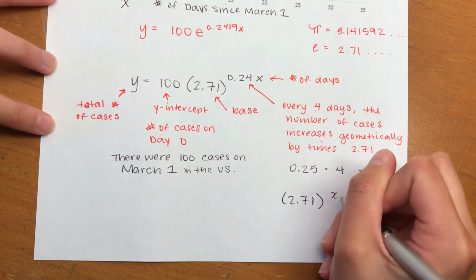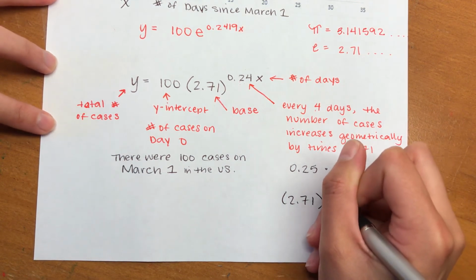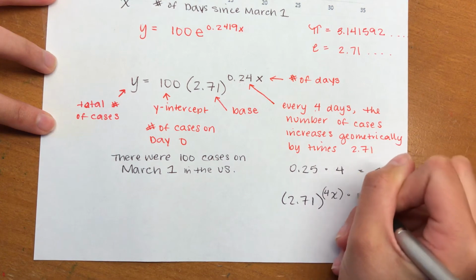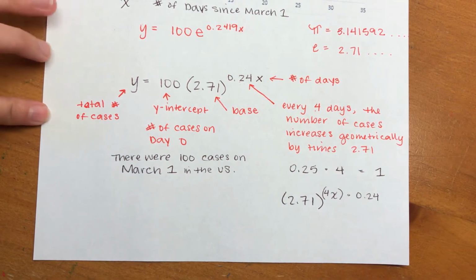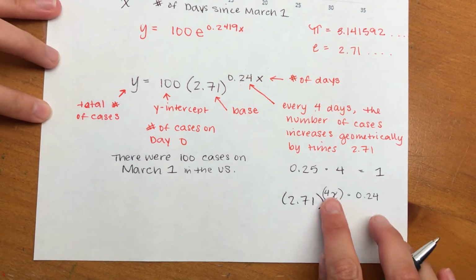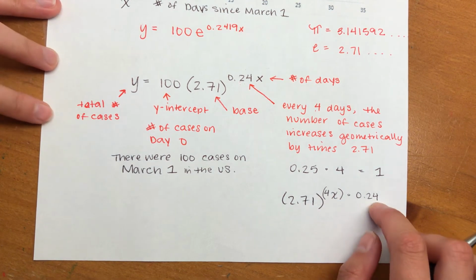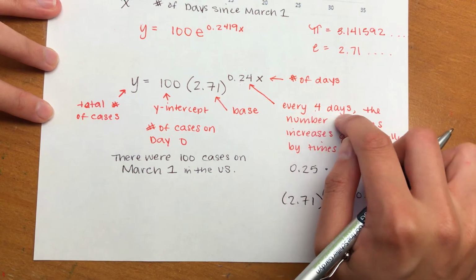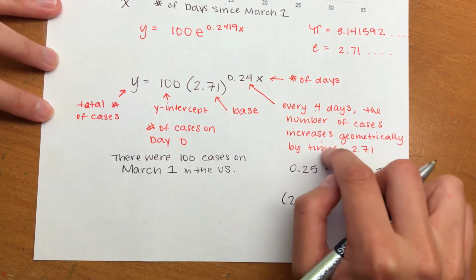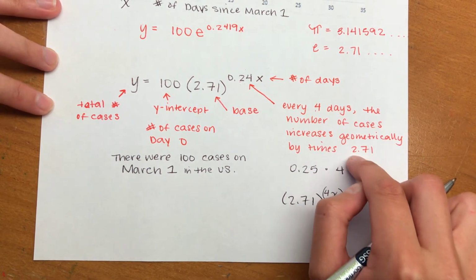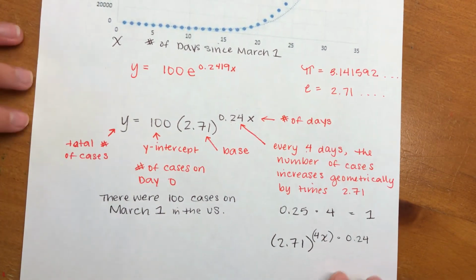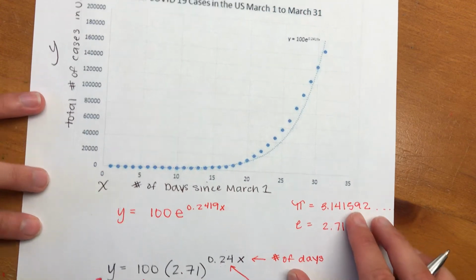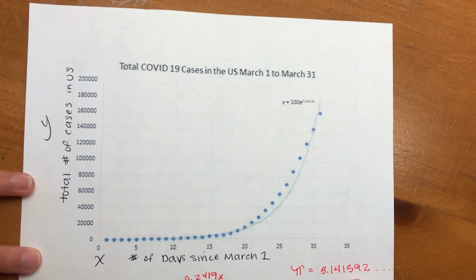So really, I needed 4 days, and then I'm keeping that times 0.24, which I rounded up to 0.25, which isn't mathematically precise, but we are giving a quick estimate of why I'm saying about every 4 days the number of cases is increasing by times 2.71. Okay, so that means if I look at the data, I'm going to look at my graph up here again.